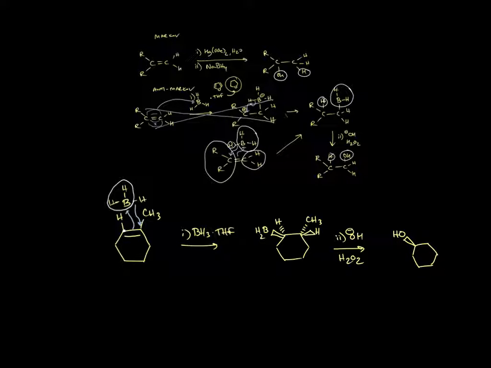So what we can see in this case is that the two new things that we've added in, which are the new H on the side with less H's, right here, and the new OH, which came on the side with more H's, those guys came in from the same face, they came in together, and so the stereochemistry of this molecule ends up being such that those two guys come in together. We say that this is syn addition, but from the point of view of a ring, think of it as the fact that these two things are cis to each other. The two new things we add are cis to each other.